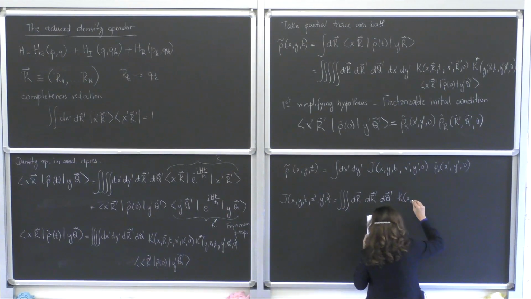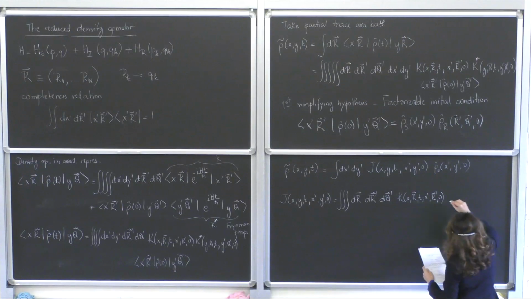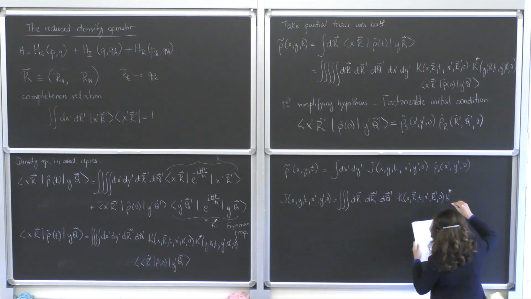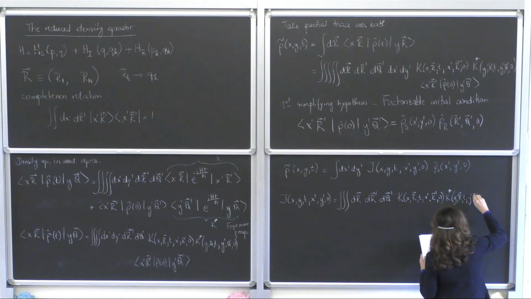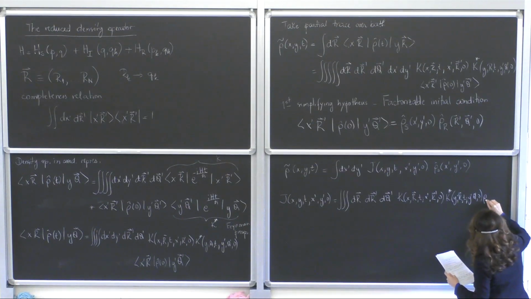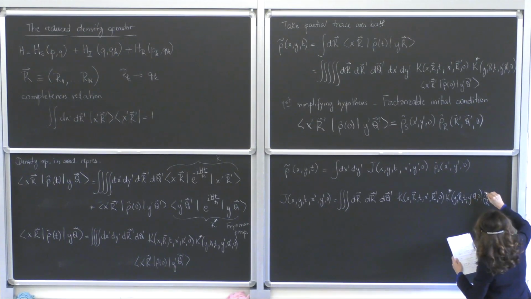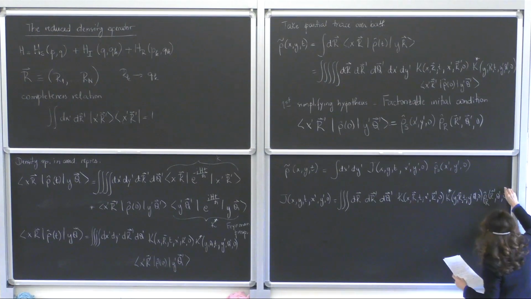Okay, of x_t, x prime, r prime, 0 times K star of y_t, y prime, q prime, 0 times rho_R of r prime, q prime, and 0.